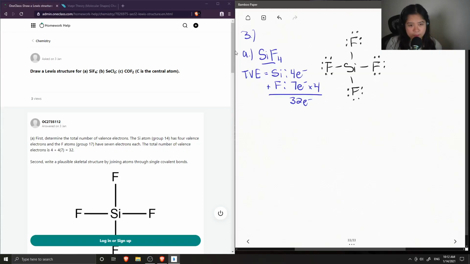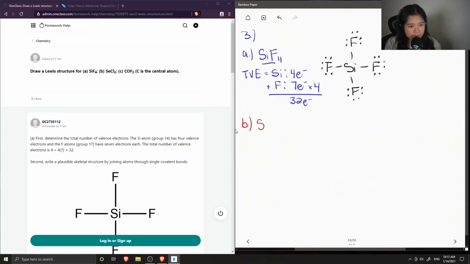Okay, so if we count out all the electrons I've drawn so far, we have a total of 32, and everything is satisfied in terms of having a full octet. So I know we have the correct Lewis structure.